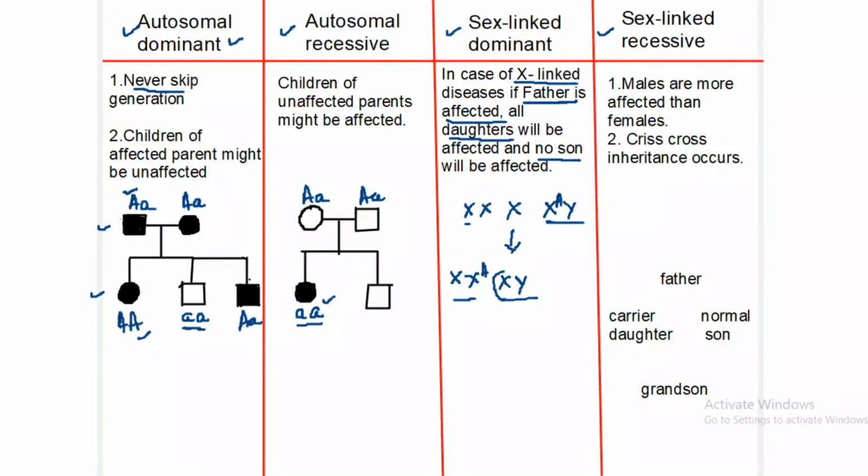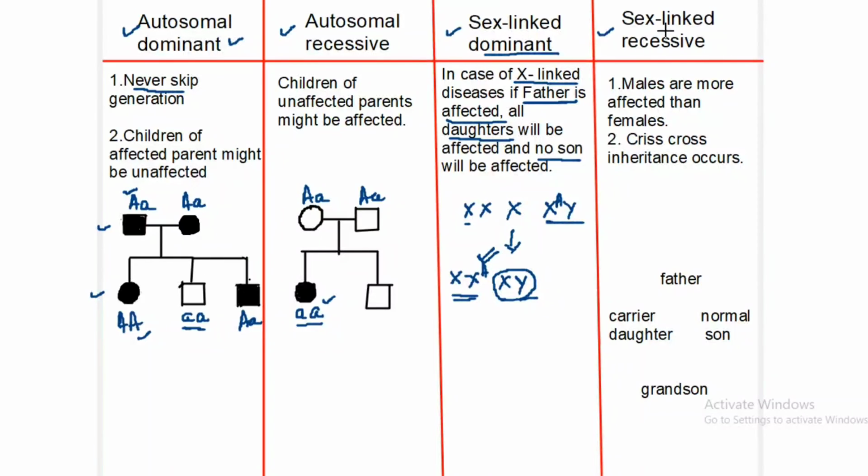So the son will be unaffected but the daughter will be affected, because the X chromosome of the father is there in the daughter and one allele can cause this disease because it is dominant. So all the daughters will be affected and no son will be affected, because the X chromosome from the father is always transferred to the daughter, never to the son.